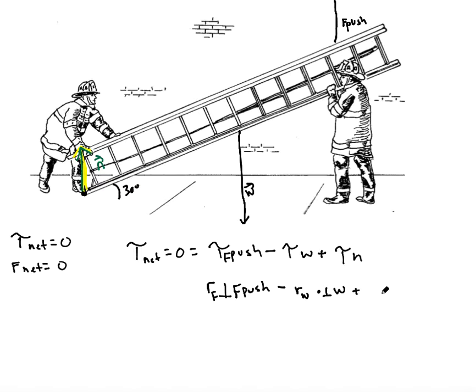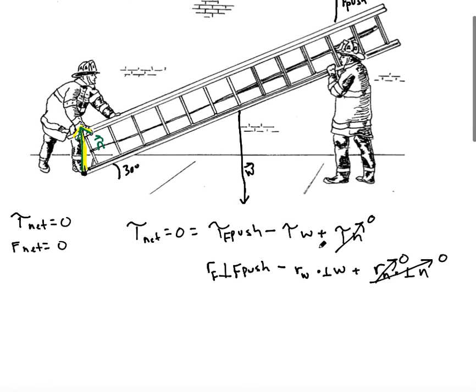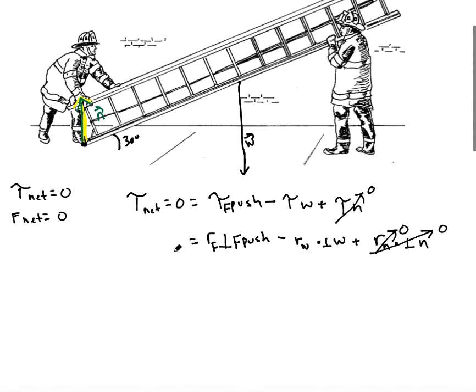And now, if we try to figure out for normal, will be R of n times the perpendicular component of n. But we see that the R will be equal to 0 because this is at the pivot point. So this whole thing goes to 0. So we really could have just excluded it from our expression because it's acting at the pivot point.